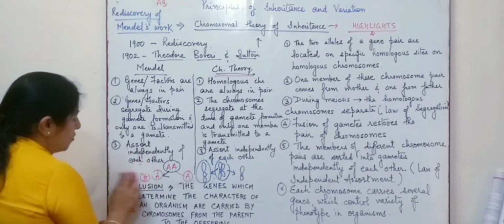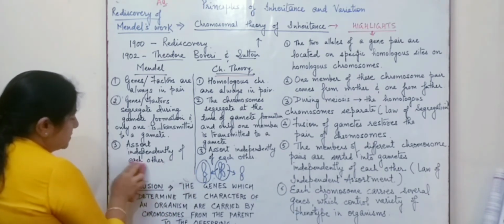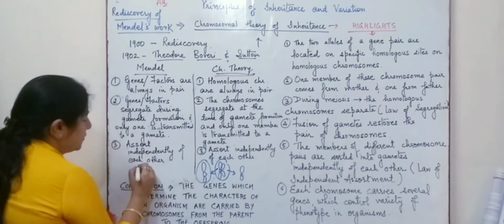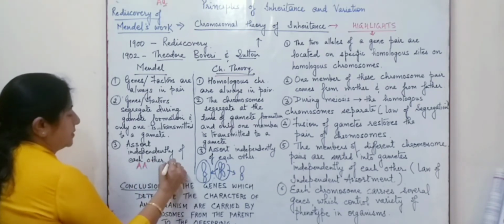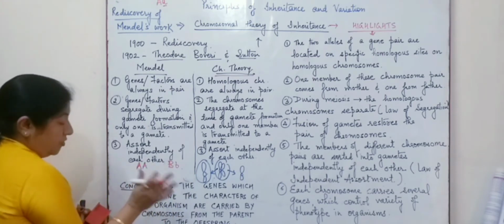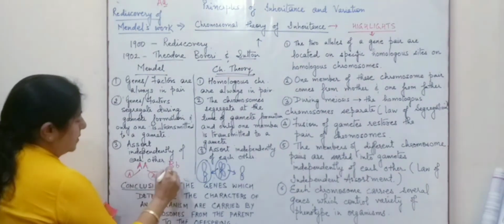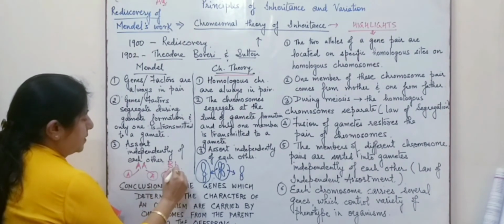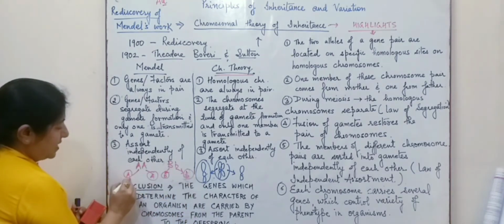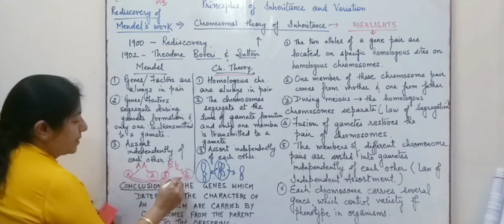When we say assort independently of each other, it means that during gamete formation, according to Mendel, this A can combine with this, which is independent again, and this can combine with this.